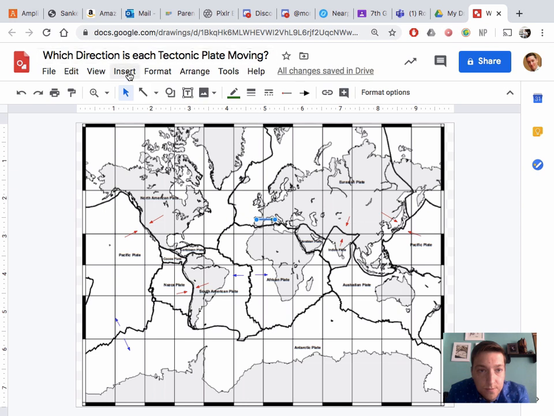So the arrows are going to be going in opposite directions, kind of side to side. I'm not saying this Europe section is the right answer, though. That was just an example. So do your best to add as many red convergent arrows, blue divergent arrows, and green transform arrows, taking a guess at which direction the plates are moving.